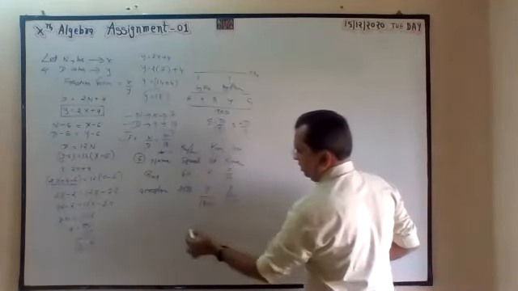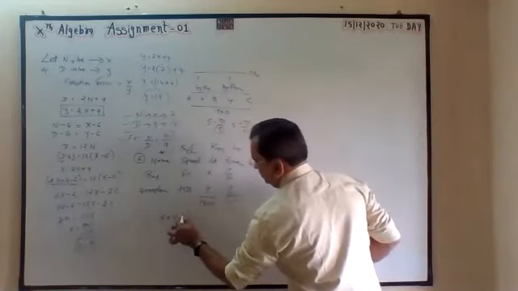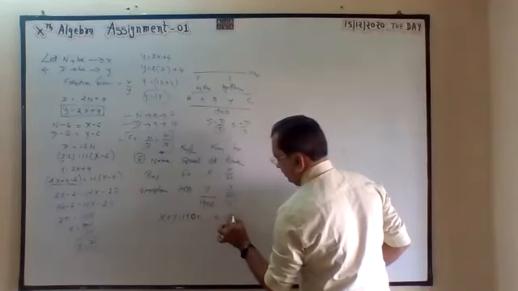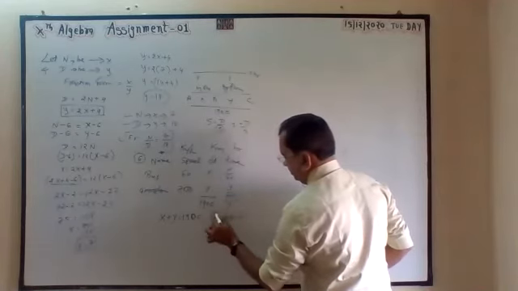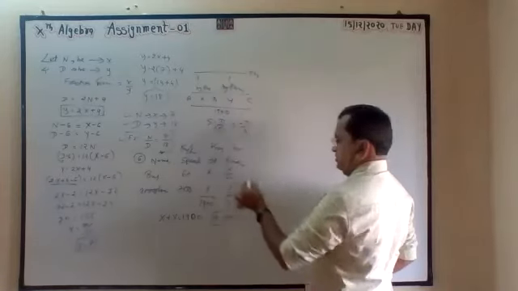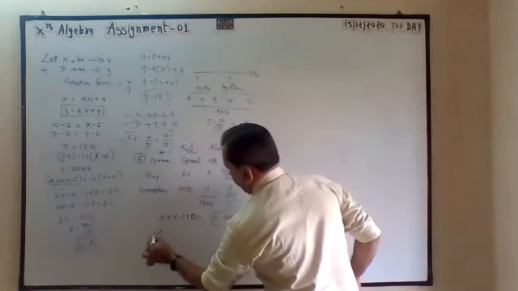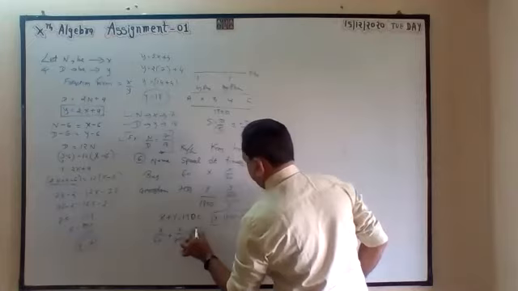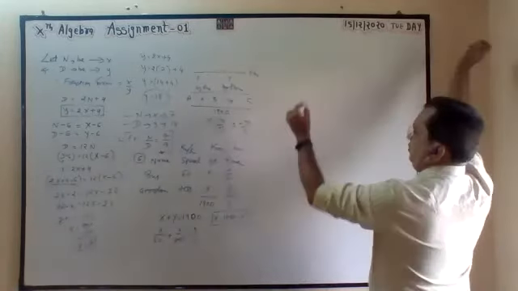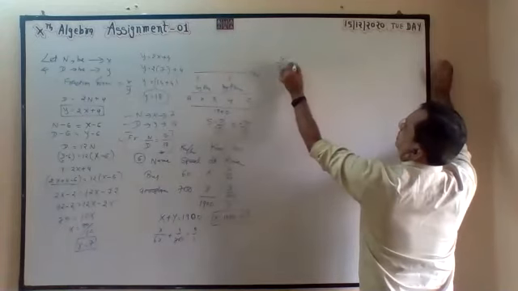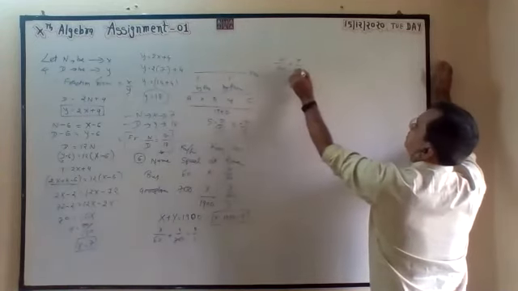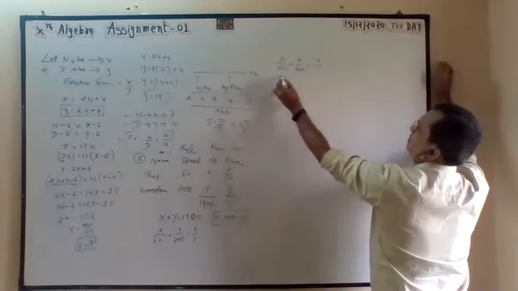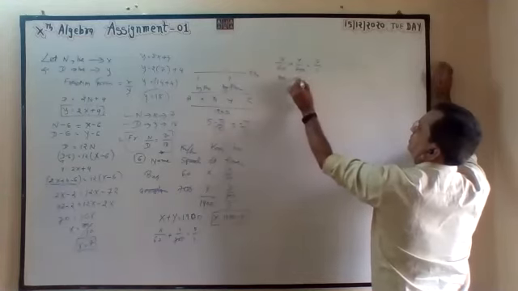Correct? So condition number 1, total distance: x plus y is equal to 1900. Therefore, x is equal to 1900 minus y. Total time they have given: x by 60 plus y by 700 is equal to 5 by 1. Now we will take the LCM, 4200, multiple of both.